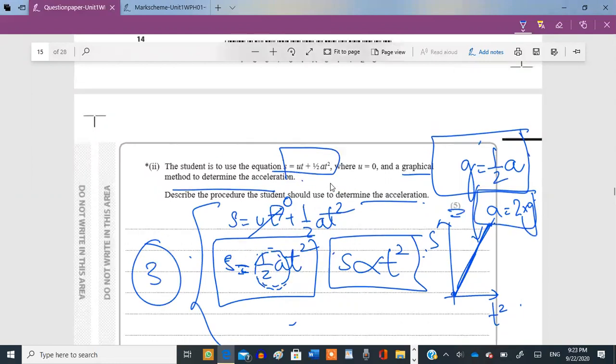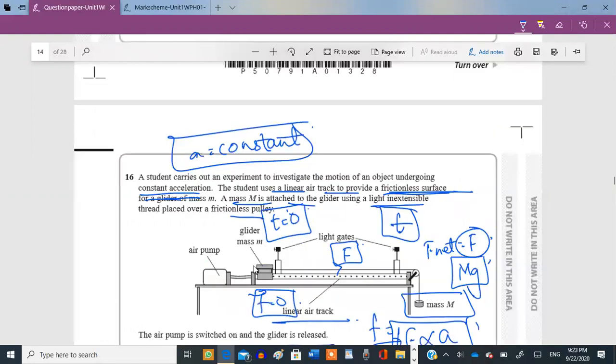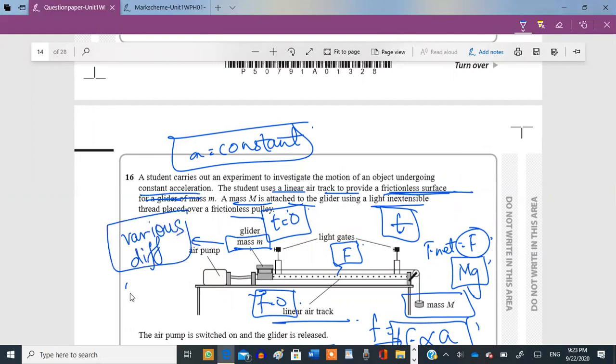First of all, this glider should be released just next to the light gate. As soon as he releases the glider with the particular mass m, he can use various different masses, right?